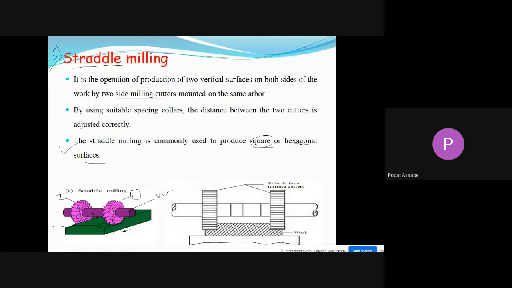In straddle milling we use two milling cutters, and with their help we can perform the milling operation on both sides of your workpiece, that is, on the right side and the left side simultaneously. Both cutters are mounted on the arbor, and the distance between the two cutters is maintained with the help of a spacing collar. Straddle milling is generally used to produce square and hexagonal surfaces.